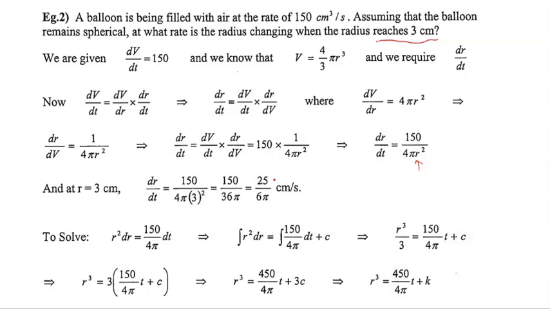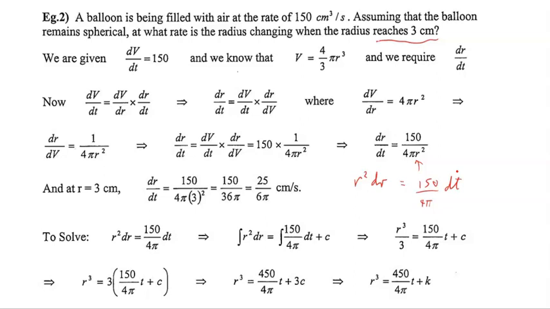How about we solve this and find at least a general solution? At this point, we might separate the differentials. Let's put the r² dr together, and then we will have 150 on 4π and dt over here.